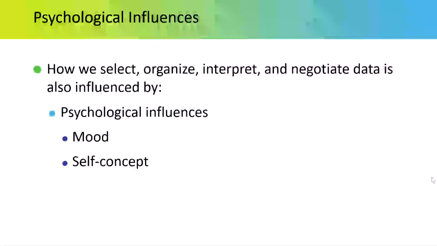Okay. There are psychological influences. So again, how we select, organize, interpret, and negotiate data is also influenced by our mood. I like this experiment. They had a picture of children who were digging in a swampy area, and someone in a happy mood said, "Looks like fun, reminds me of summer.